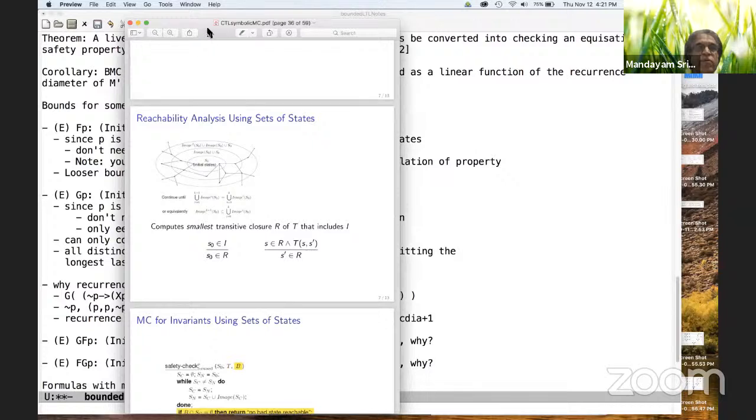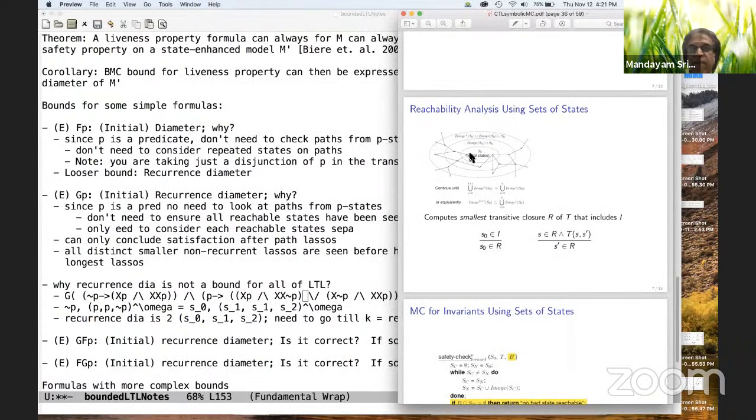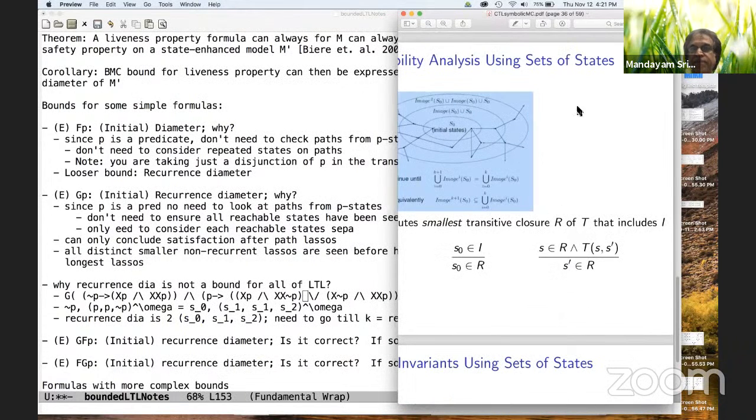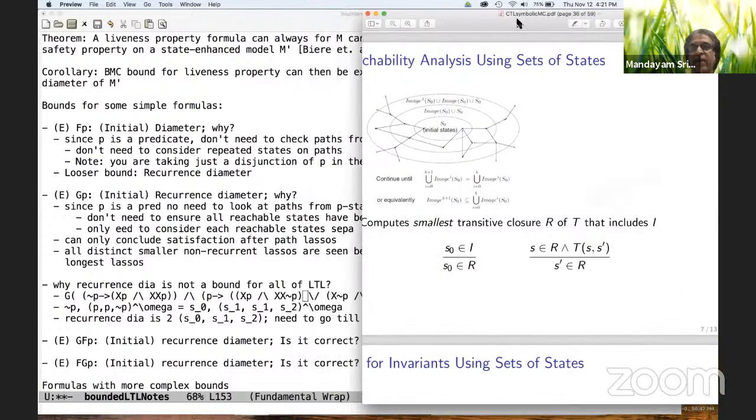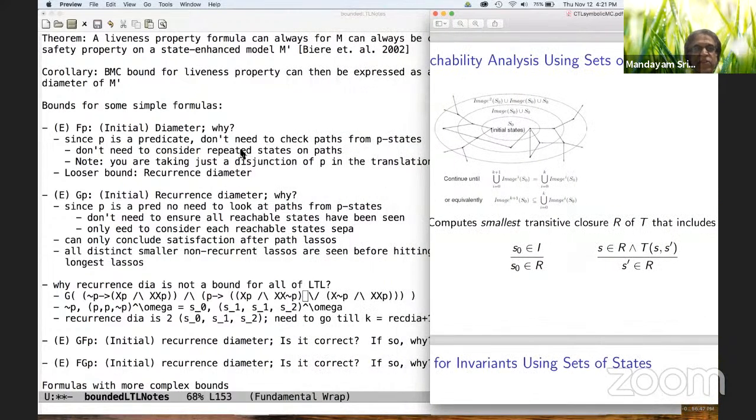Okay, if you could remember this thing that I had, okay? So this is exactly the diameter. So in each step, you get multiple states and you keep going until you have reached all the states. So that is the diameter.